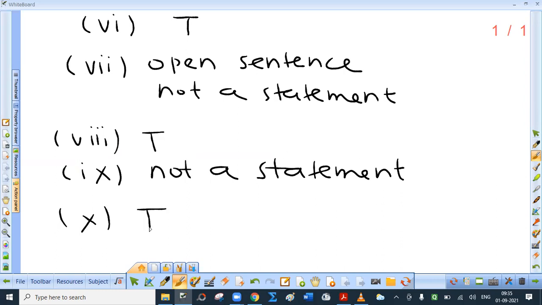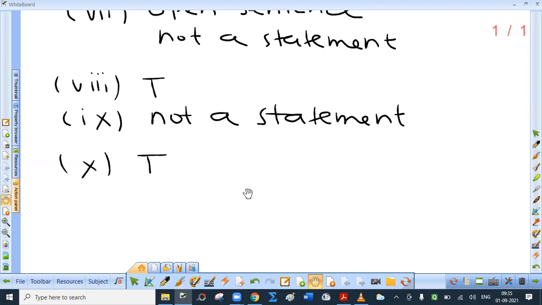Hence its truth value is T. Eleventh: all real numbers are whole numbers. It is a statement which is false. Hence, the truth value is F.